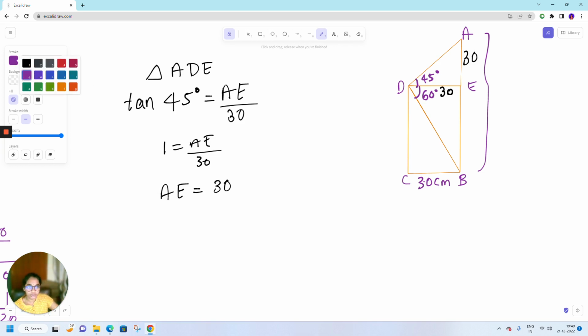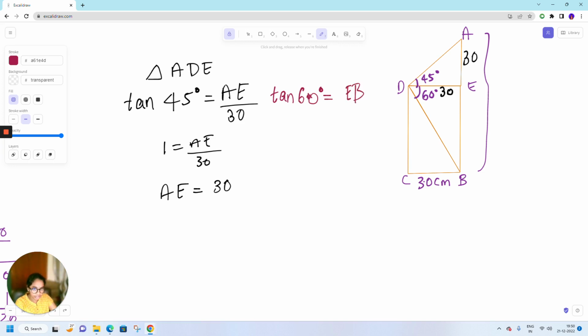Now, moving on to this triangle, which is BDE. Angle is at 60 degree. We know the value of the adjacent side. We have to find the opposite side. So, let me take the same tan, 60 degree. Which is the opposite for 60 degree? Opposite is EB, right?